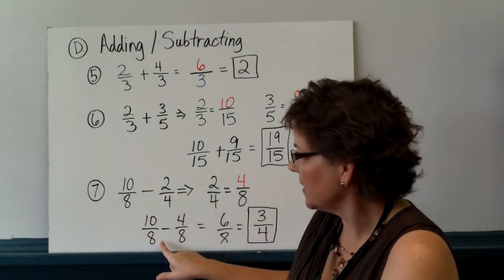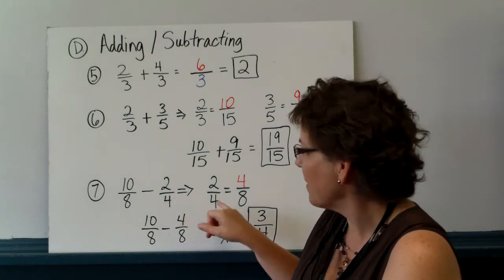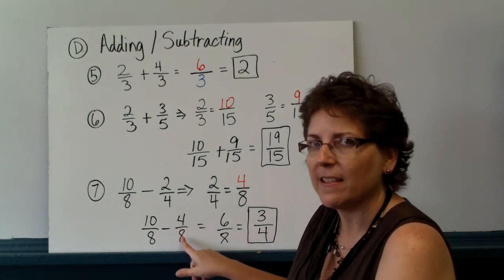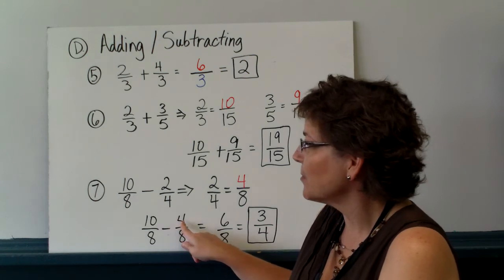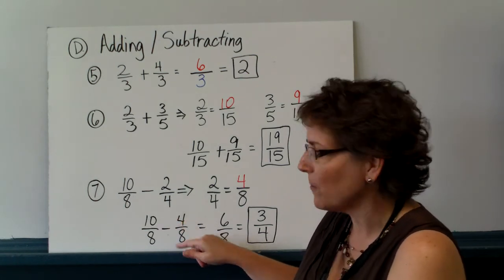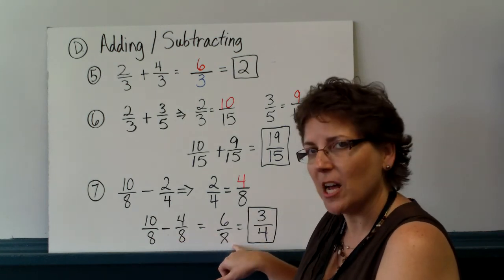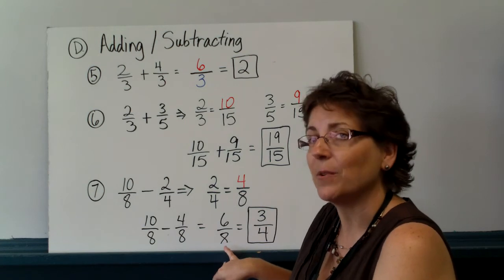10 over 8 is still here, 10/8, minus, instead of 2/4, I'm going to use the 4/8. So 10/8 minus 4/8, I've got the same denominator. I just need to subtract my numerators. 10 minus 4 is 6, that goes on top. My 8 stays on the bottom, so I have 6 over 8, and that's a fraction that can be reduced.